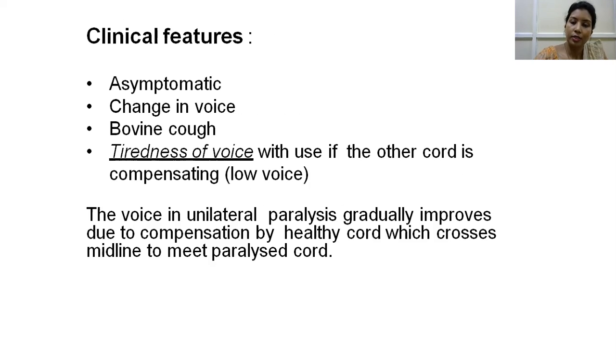The clinical features we see in a unilateral recurrent laryngeal nerve paralysis is mostly asymptomatic. Why? Because the healthy vocal cord tends to compensate, that it crosses over the midline, that is goes over the median position and goes over to the opposite side to meet the paralyzed cord. This compensation usually happens between 6 to 8 months sometimes, or weeks also.